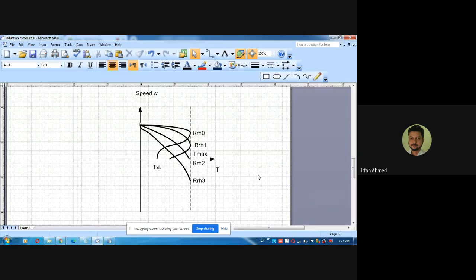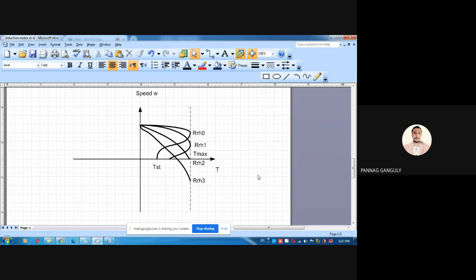If you want to run this motor as a generator, will you keep the supply connected, or will you disconnect the supply and connect the load?